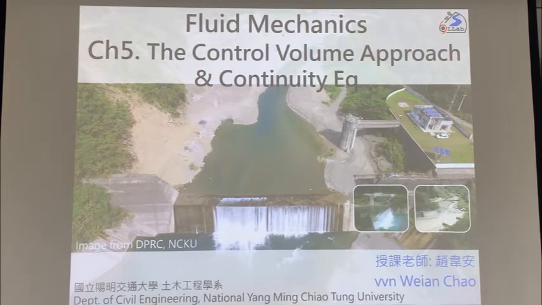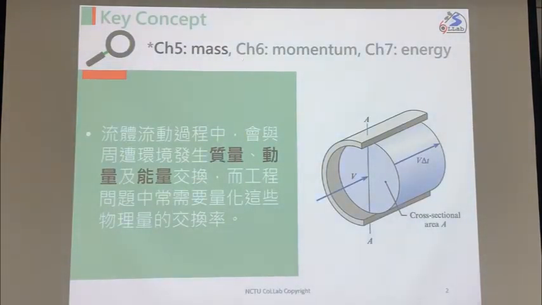As you see, for our chapter 5, the physical property we focus on is the fluid mass. In chapter 6, we look at momentum, and in chapter 7, our topic is energy.